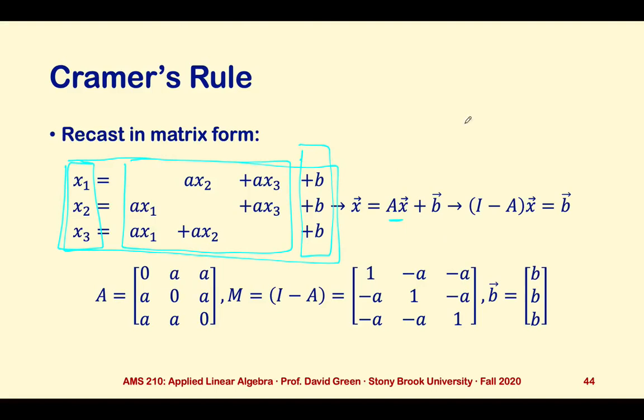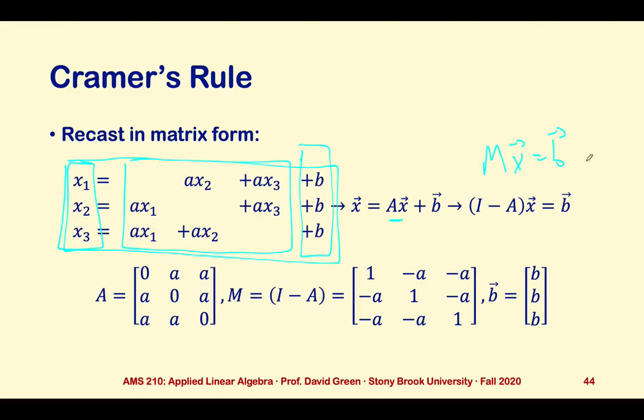And we can rearrange this into the form (I minus A)x equals b, which allows us to cast the problem in the standard form of M times x equals b.